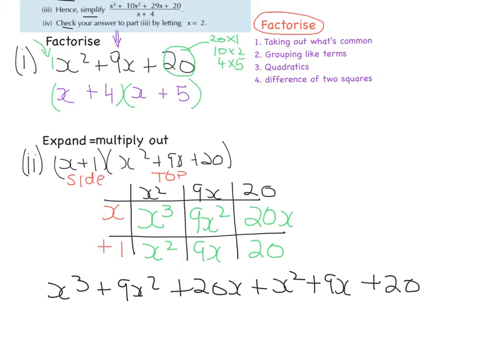And then obviously at this point, second years, you're noticing what you need to do. You need to bring your like terms together. Okay, so I have an x cubed, and I don't have any other x cubed, so that will be on its own, x cubed.